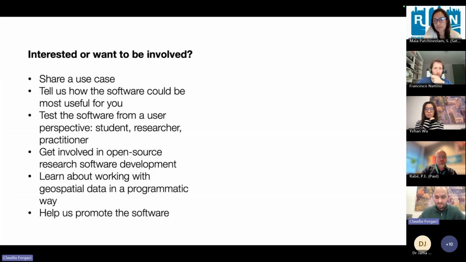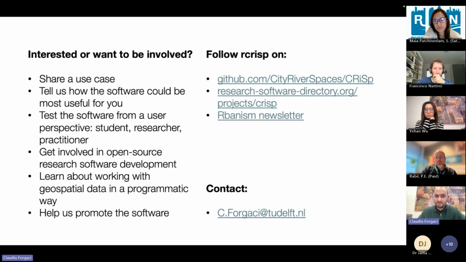So if you know anyone who can benefit from this, anyone who has a use case, please feel free to share. There's a lot of information on our open source platform on GitHub, the research software directory, and we also share regular information in the Urbanism newsletter. Urbanism is the kind of community practice that we are running within which this software was developed.